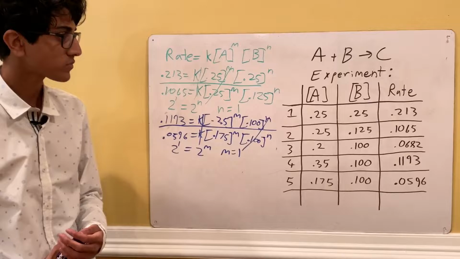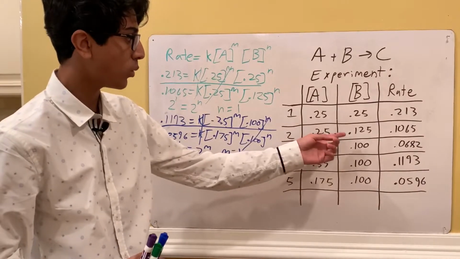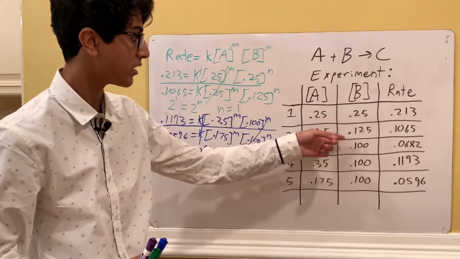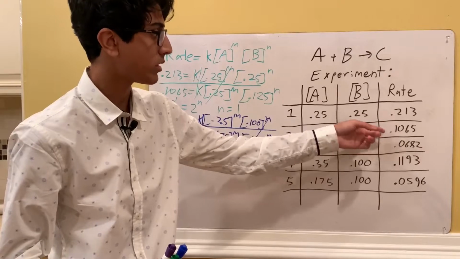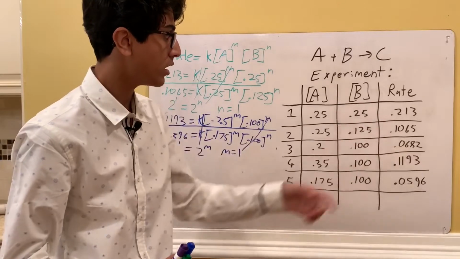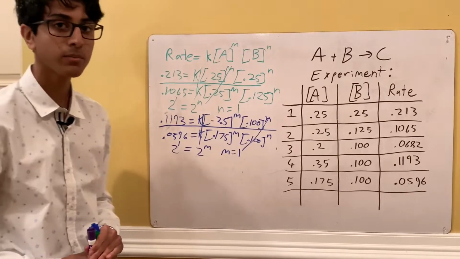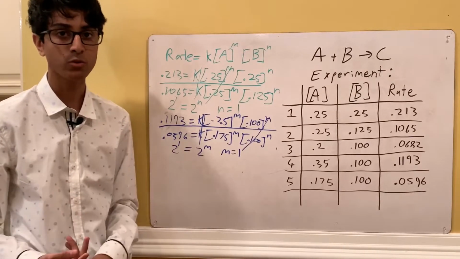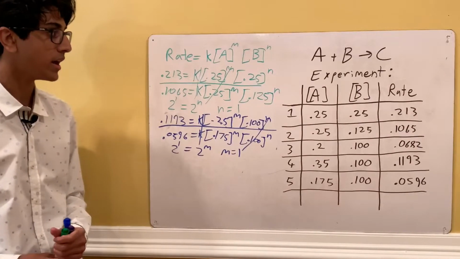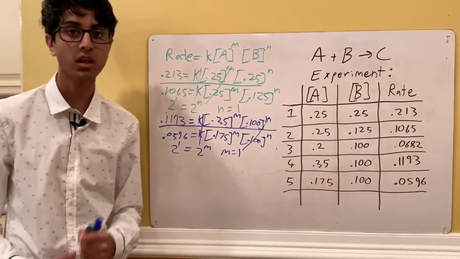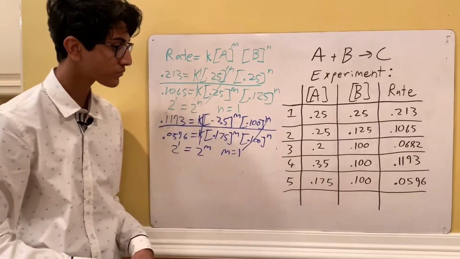So let's say this was different, and the concentration of B was getting multiplied by 2 from one to the other, but this time the rate was getting multiplied by 4. Then it'd be increasing by a different factor, and that'd be order 2 that time. So that's something you just have to get used to, and once you get the hang of it, you can solve these rate law questions way faster through the method of just looking at the trends.